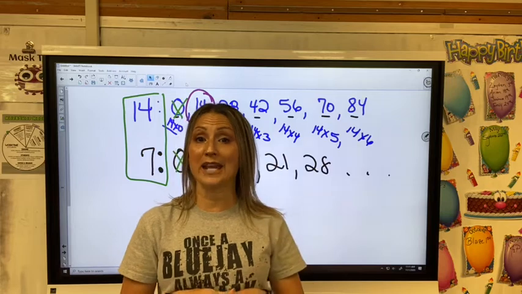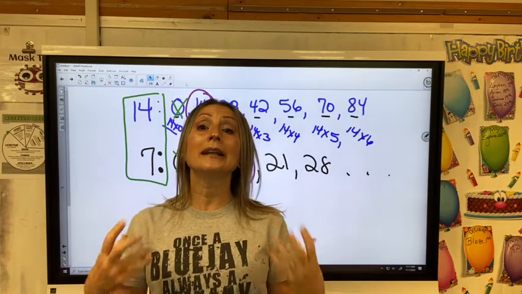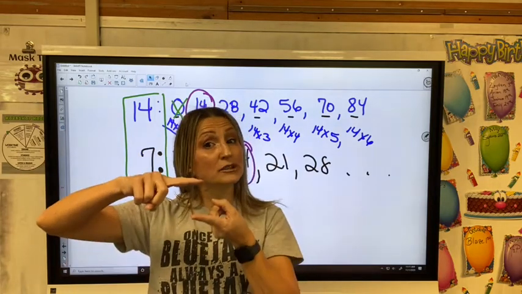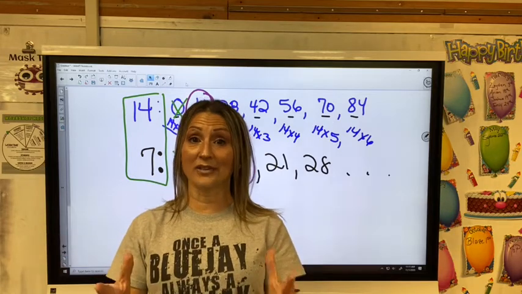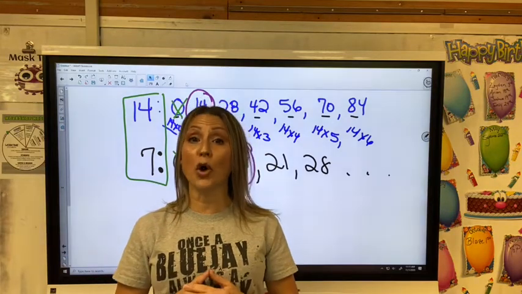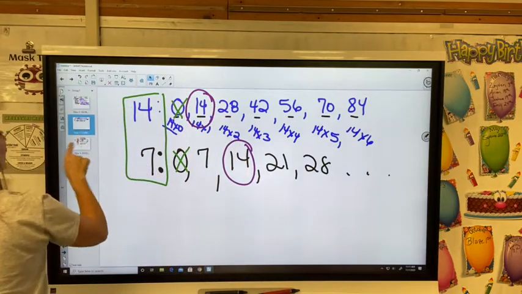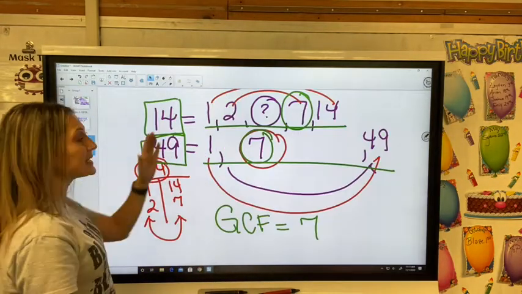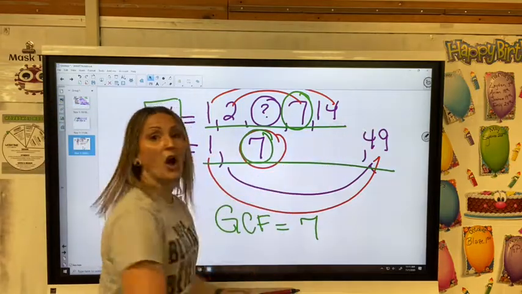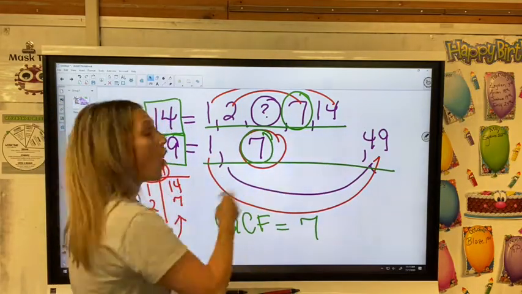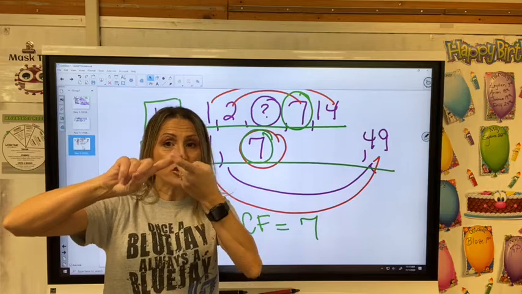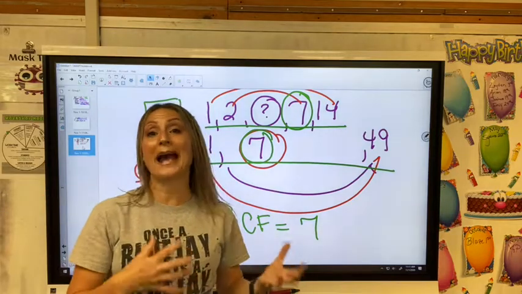Least common multiple is the smallest number that they have alike when you think about their multiples. Factors, ladies and gentlemen, will end. Factors aren't going on forever and ever.